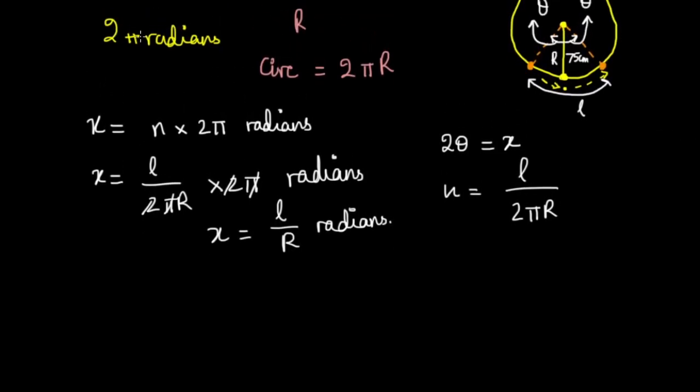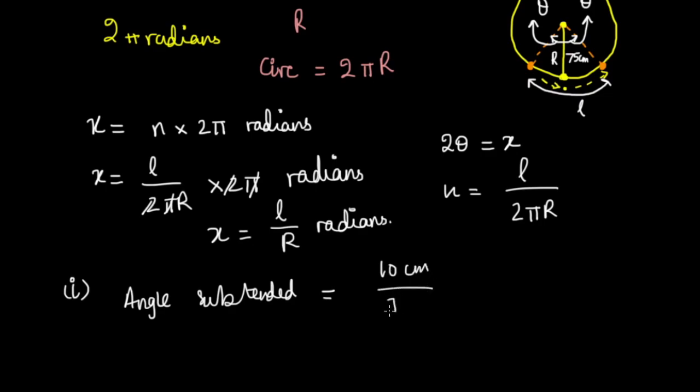Question 1 says L is 10 centimeters and r is given as 75 centimeters. So for 1, the angle subtended is equal to L divided by r, which is 10 centimeters divided by 75 centimeters, in radians.